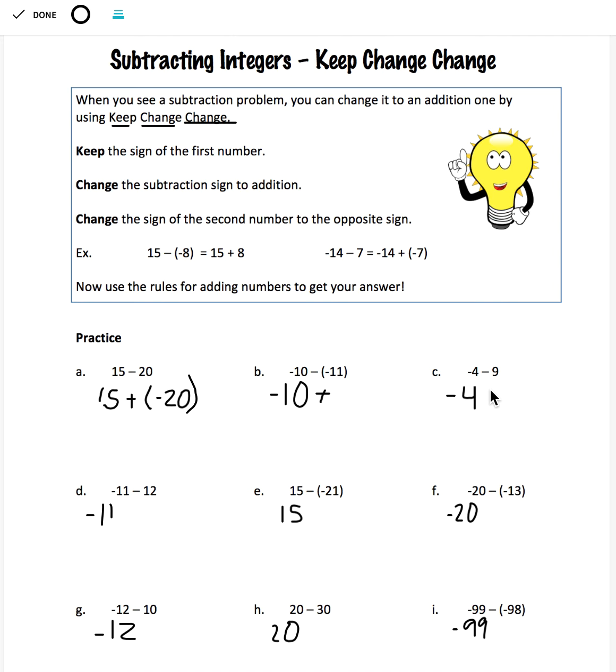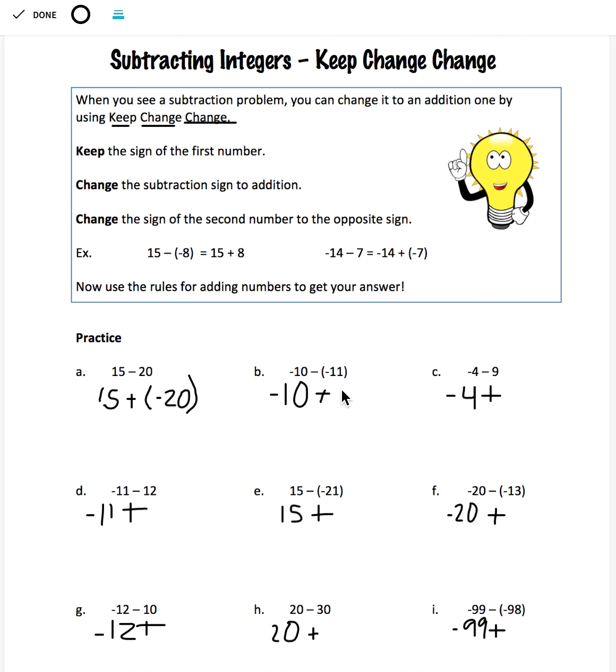The second step is change subtraction to addition. Third step, change the sign of the second number to the opposite sign.